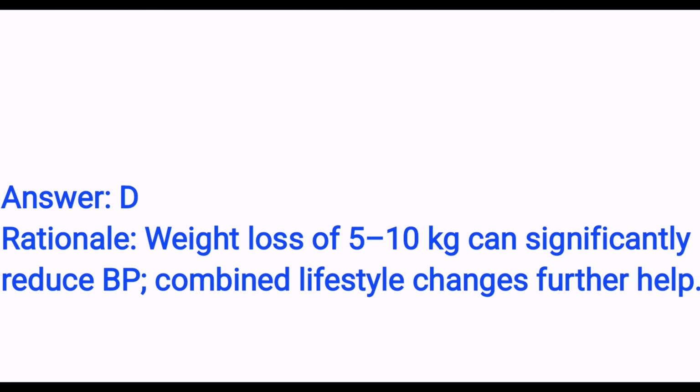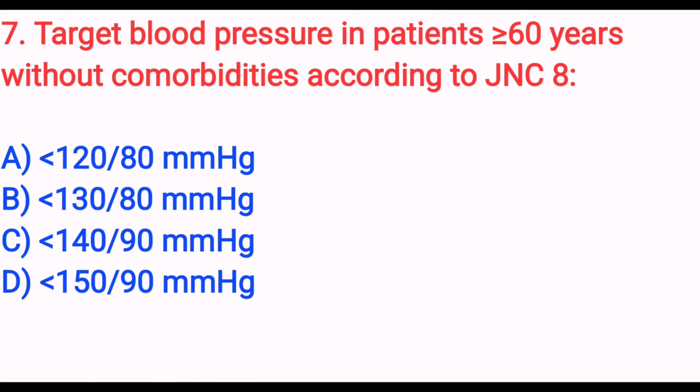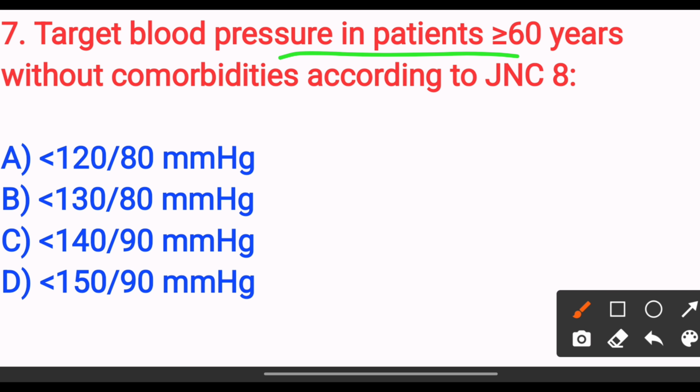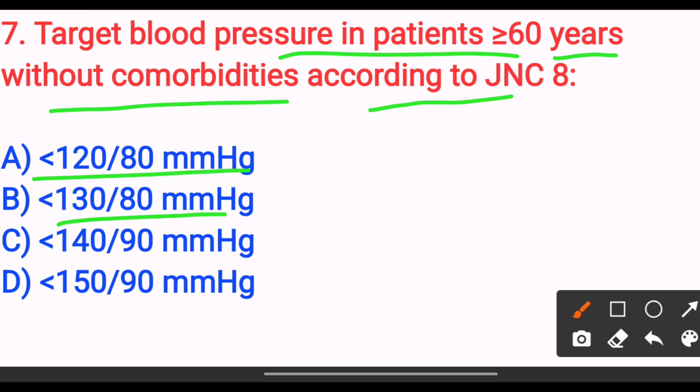Next, what is the target blood pressure in a patient greater than 60 years without comorbidities according to JNC 8? Option A less than 120 by 80 mm of Hg, option B less than 130 by 80 mm of Hg, option C less than 140 by 90 mm of Hg, option D less than 150 by 90 mm of Hg.